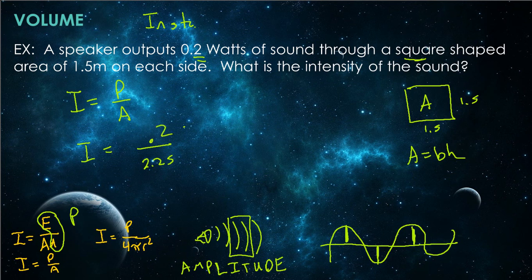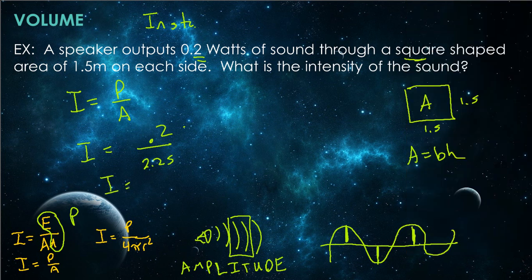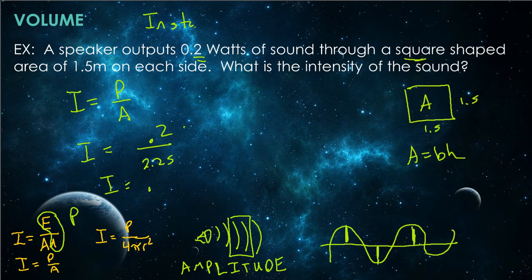So we have 0.2 on the top. So 0.2 divided by 2.25, and we get an intensity of 0.089. And there we go. That one's done.